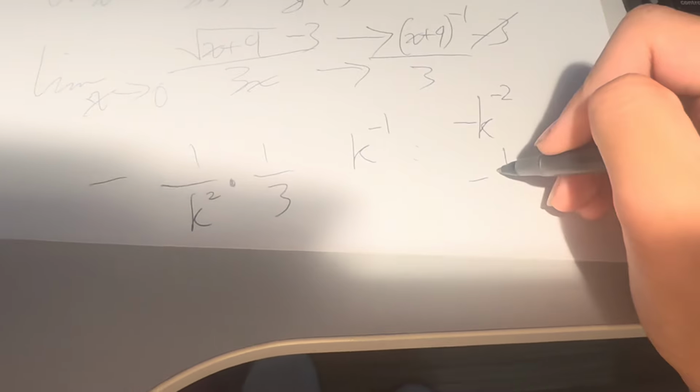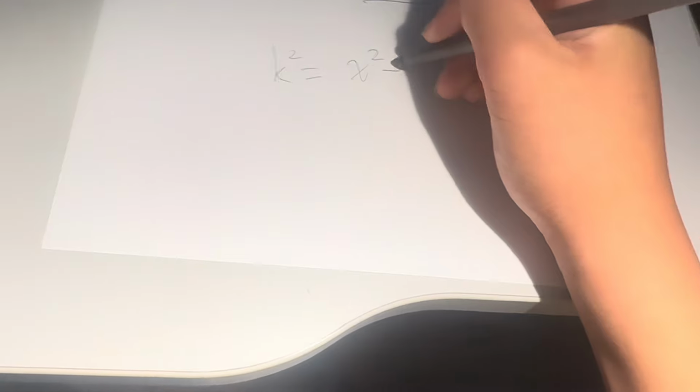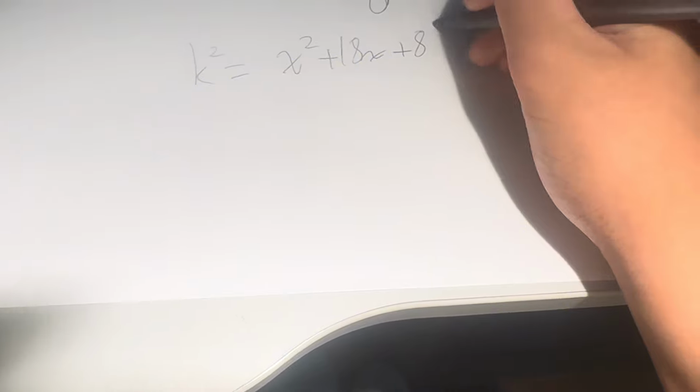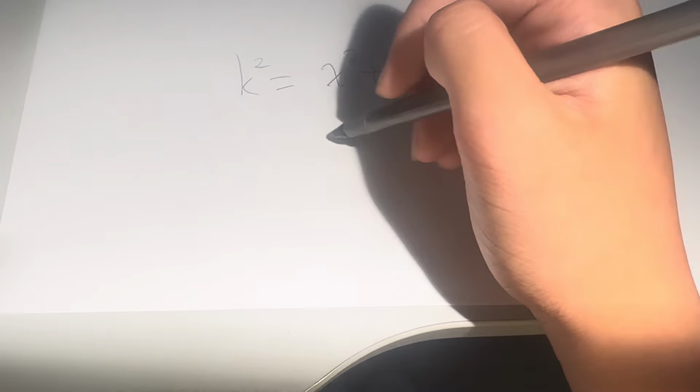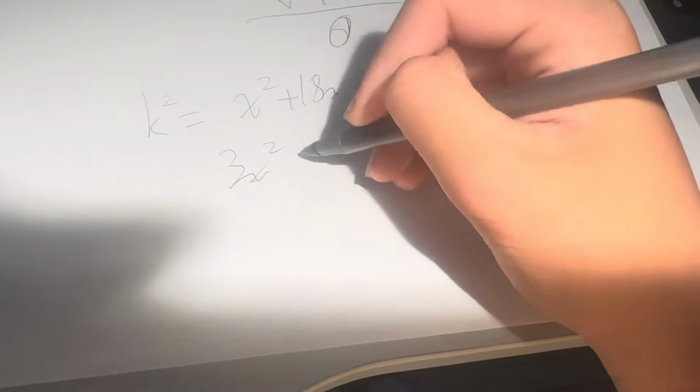So we end up getting 1 over 3k squared, where k squared equals x squared plus 18x plus 81. 3k squared equals this.